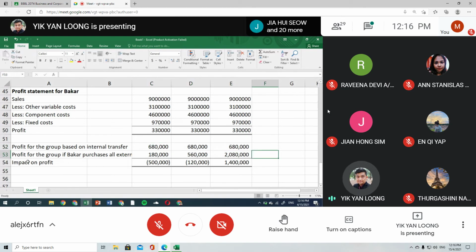But the moment Baka purchases externally, the profit will be slightly different. If the external sales is below 19, the moment your external sales increases to 35,000, it's better for you to purchase externally. And that's the answer for question part B.